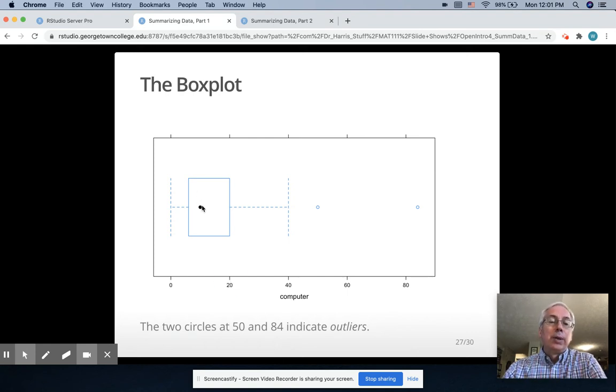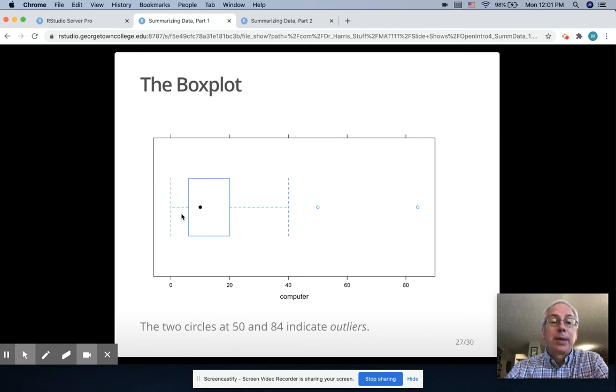And so we draw the dot over the number that represents the median. And then the left and right edges of my box are going to be over the first quartile and the third quartile. So that takes care of the median and the box part. And then we've got these things that we might call whiskers attached to the box.